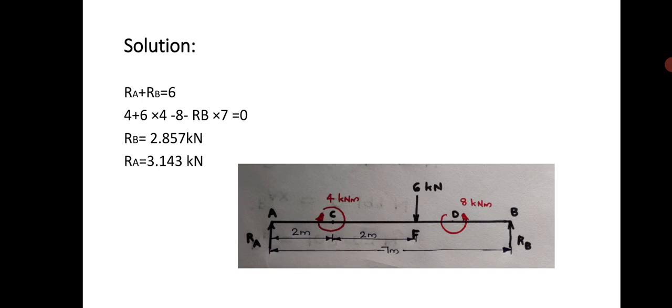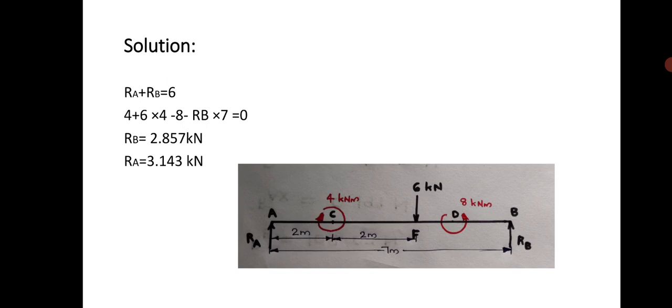Now taking moment about A, algebraic sum of the moments about point A will be 0. So taking moment about A, we get 4 kilonewton meter, that is clockwise, so we will give it the sign plus. Then 6 kilonewton at a distance of 4 meter from A. So 6 into 4, that is also clockwise moment, and sign will be positive. Then 8 kilonewton meter is the anti-clockwise couple, so we will give it the notation minus.